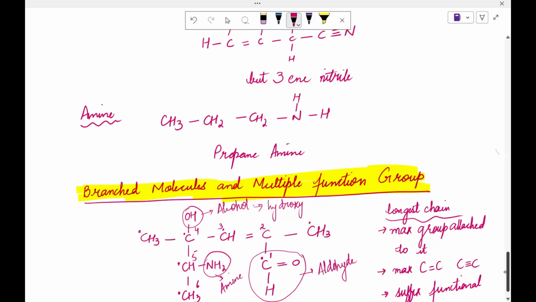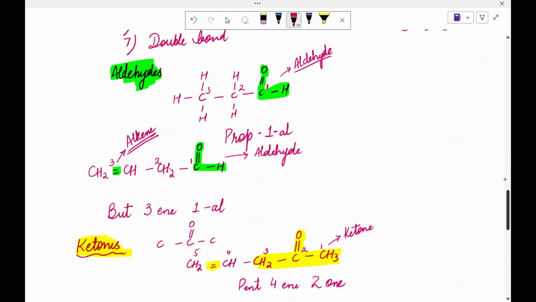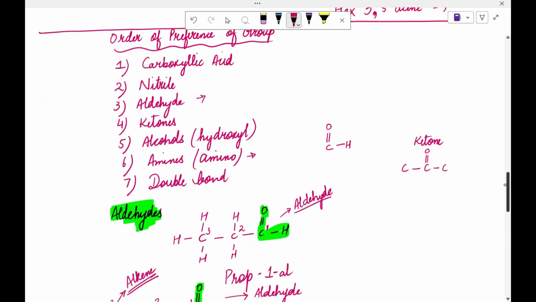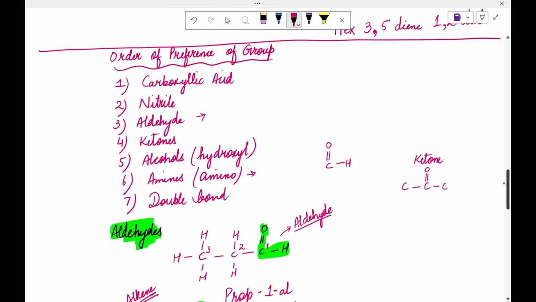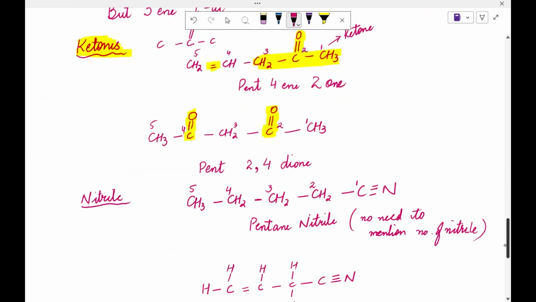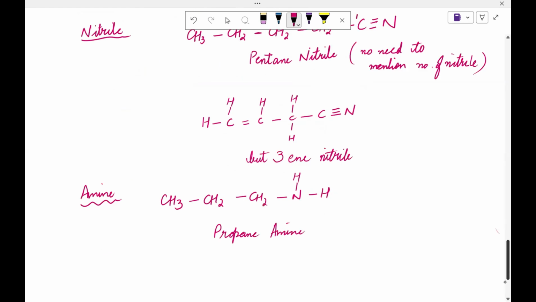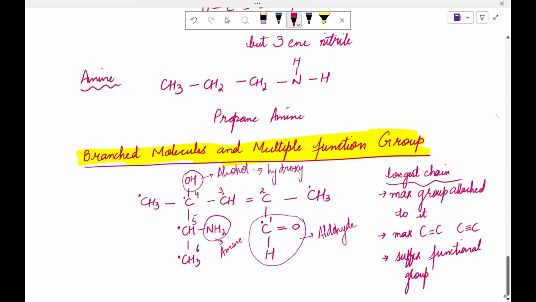When we have this order of preference of groups, up till the ketone, they are going to be added in the suffix. They are going to be added in the suffix. How? Let me show you. Is this point clear? So how are we going to use it here? Let's see.